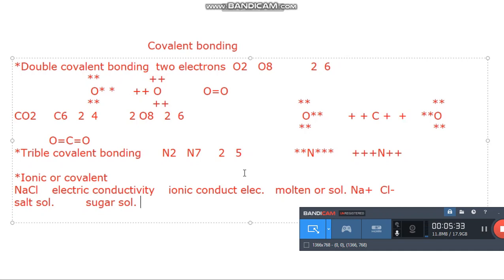So it can conduct electricity. While sugar, as you studied in biology, contains covalent bonding between carbon, hydrogen, and oxygen atoms. You studied glucose.